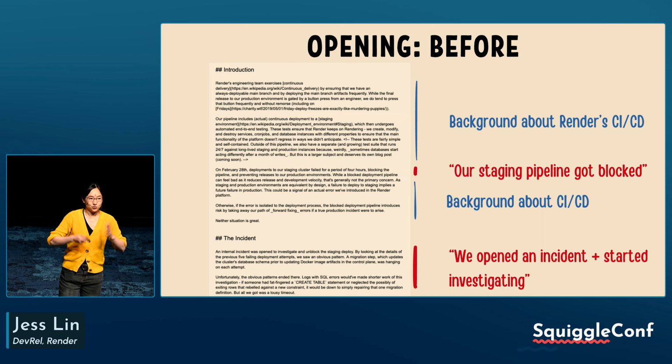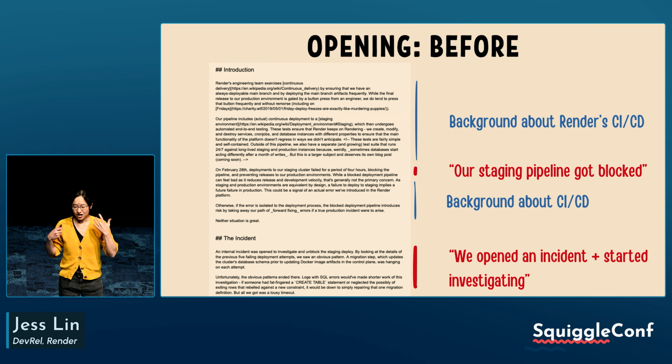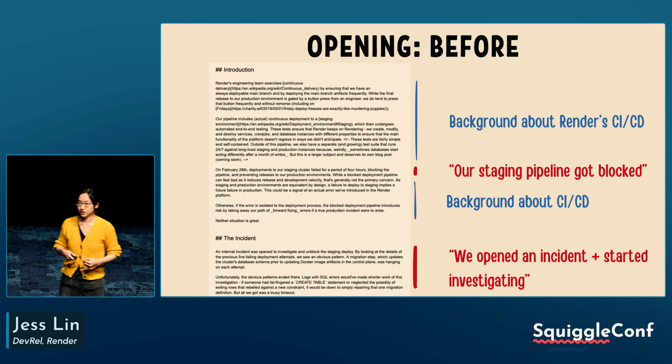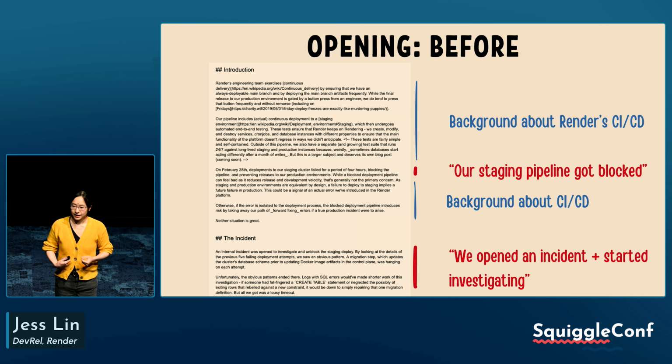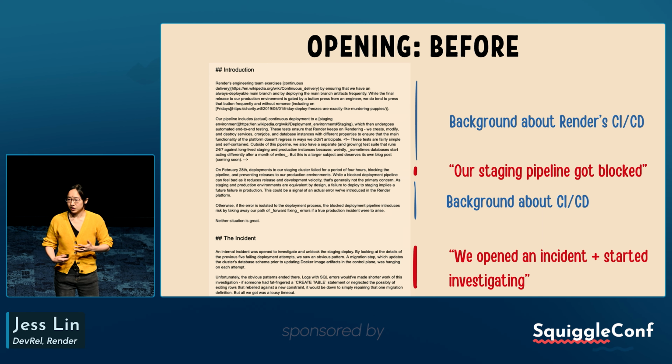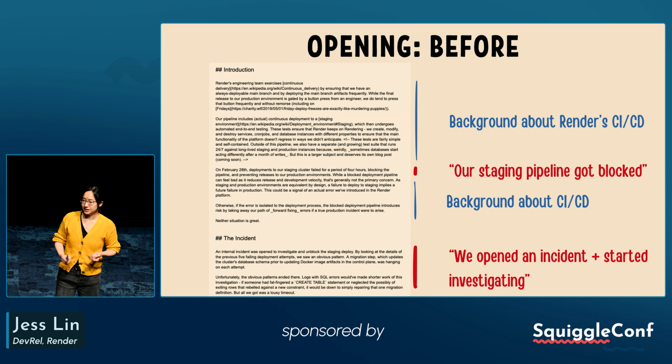Now, you don't have to read all the words here, but this is Eric's very first draft of the detective story version of the essay. And you can see, I think it's a really good thing that we have this urge to share a lot of background details. And that's what he does. A lot of background first about Render CI/CD.